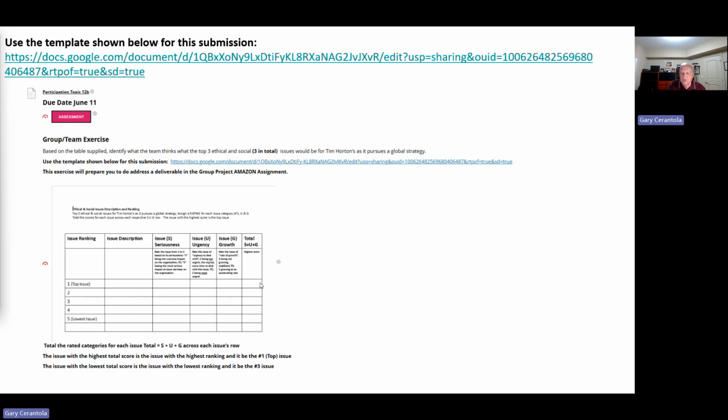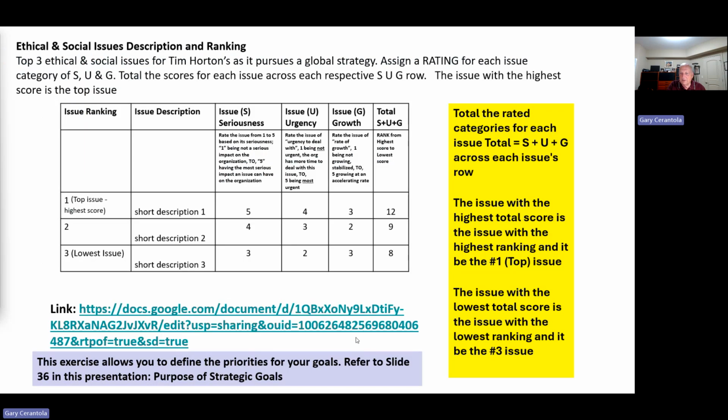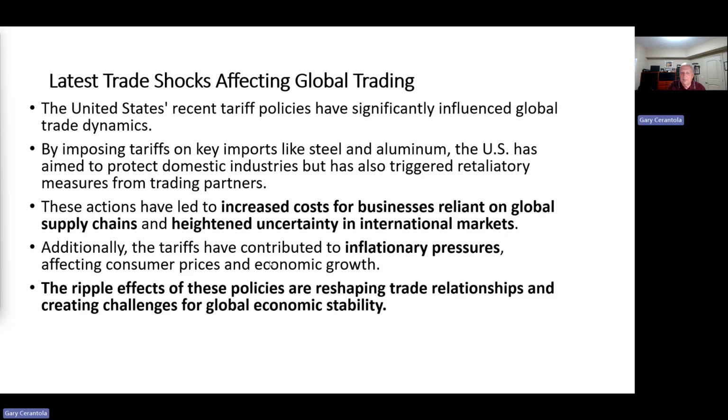Then when you total these up, you get a total number of points, and the issue with the greatest number of points, which I want you to stack as issue number one, gives you the ranking of the issues. So again, this is what these instructions are all about.